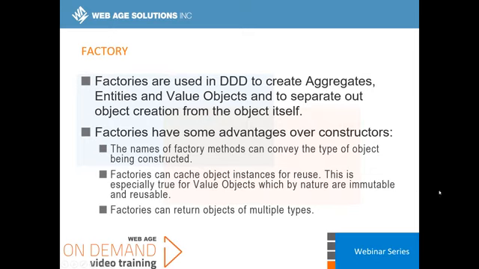The other issue is that when I say new in my code, I get one kind of thing. A factory may be able to return objects of multiple types depending on how I've got it implemented. And again, we're not introducing anything new in the world of patterns here.